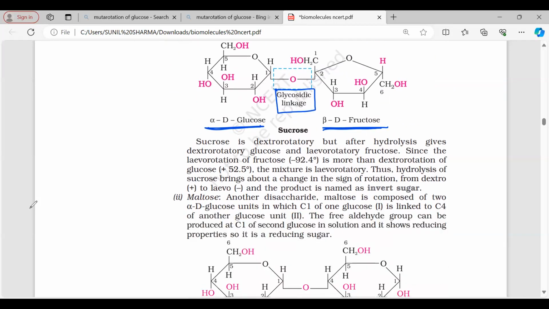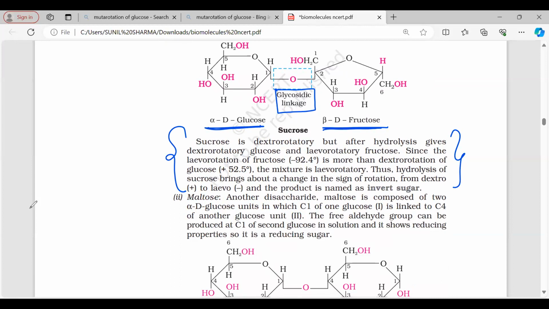Now this is the paragraph I told you. Just go through it. Sucrose is a dextro compound, but after hydrolysis, it gives us dextrorotatory glucose and levorotatory fructose. Since the levo-rotation of fructose is more than the dextro-rotation of the glucose, the mixture overall is levorotatory.